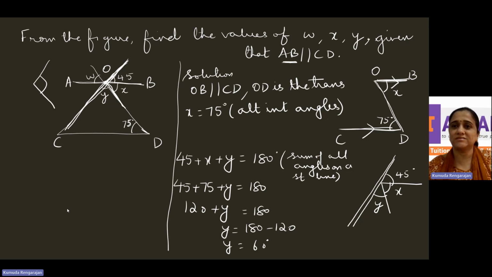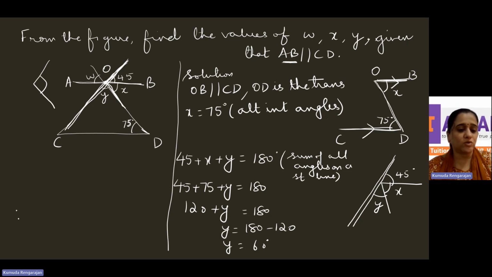Straight away you can find. Vertically opposite angles. Can you find vertically opposite angles here? W and X are vertically opposite angles, right? W and X are vertically opposite angles.